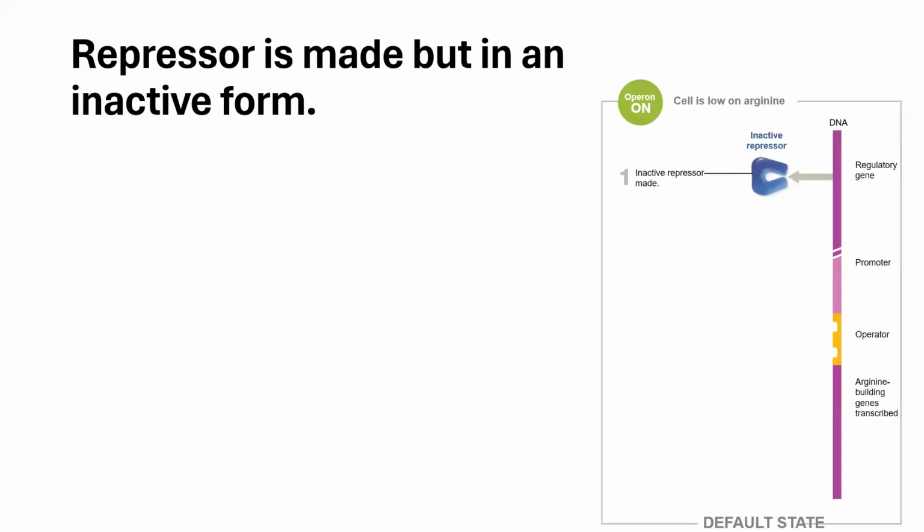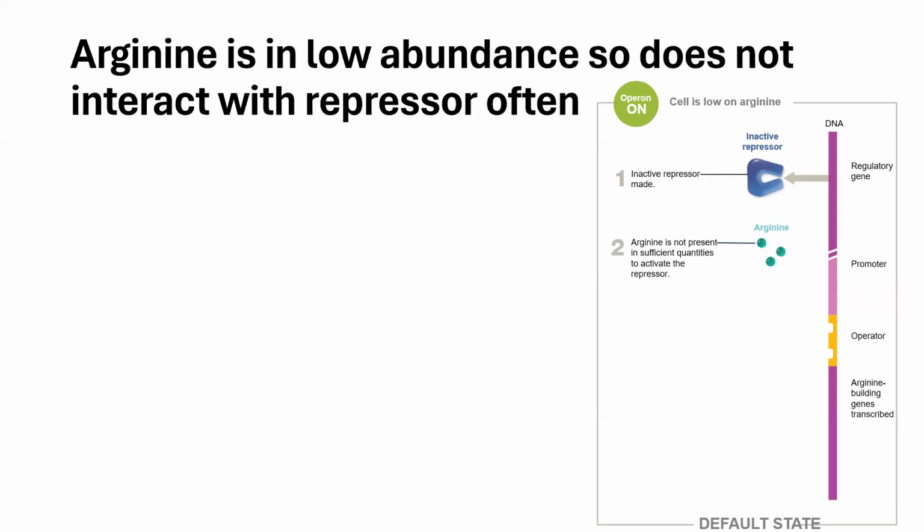All right, so in the normal default state, the operon is on. In this case, the repressor is made, but the repressor is inactive. It's not able to bind to the operator.